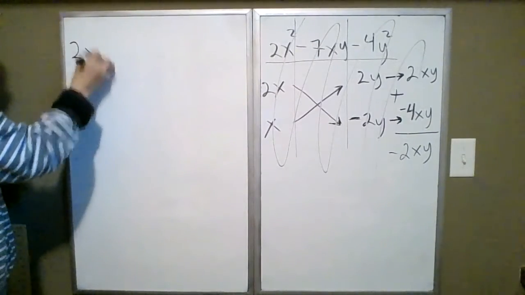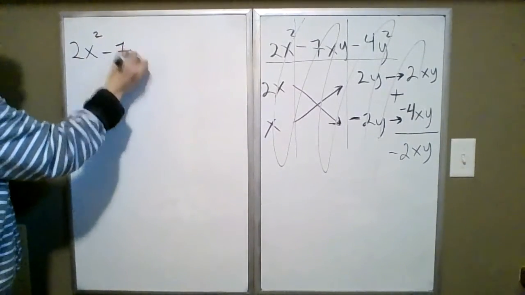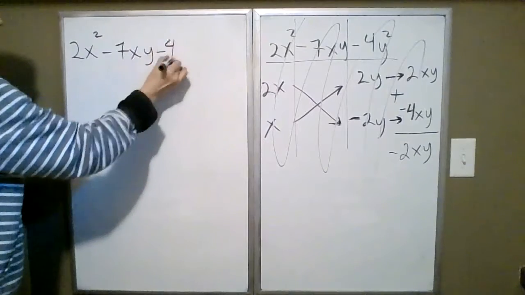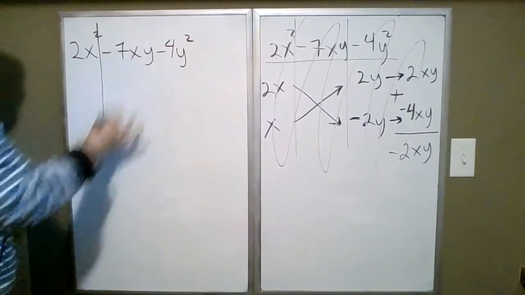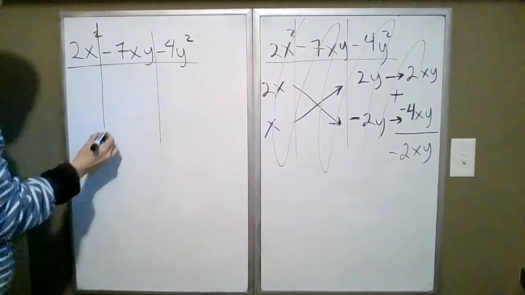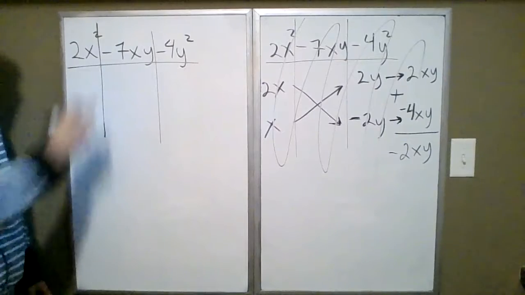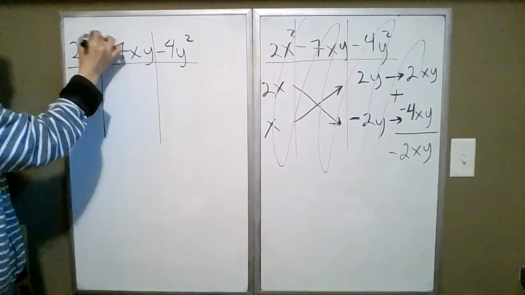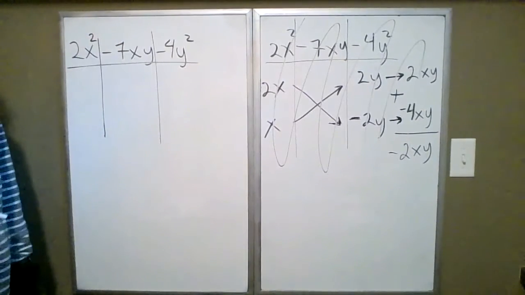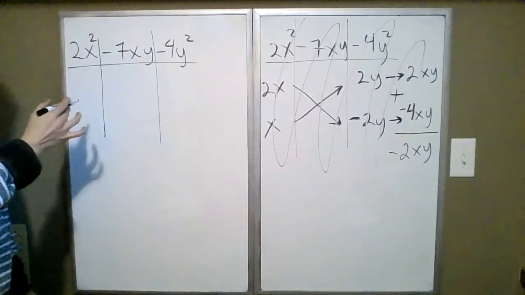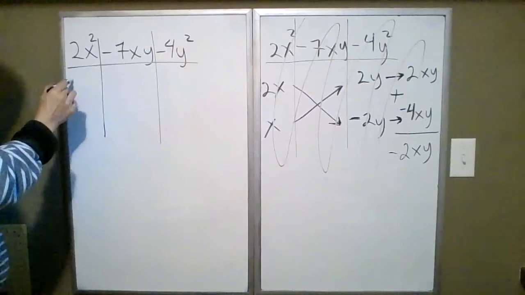Again, 2x squared minus 7xy minus 4y squared. Okay, I'm going to keep the 2x times x as that first guess.